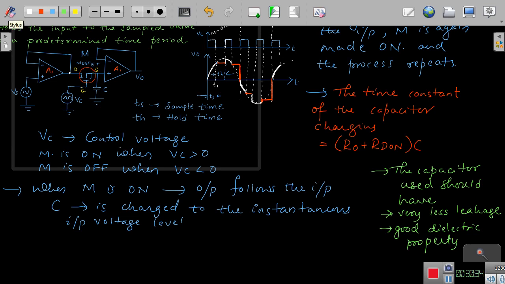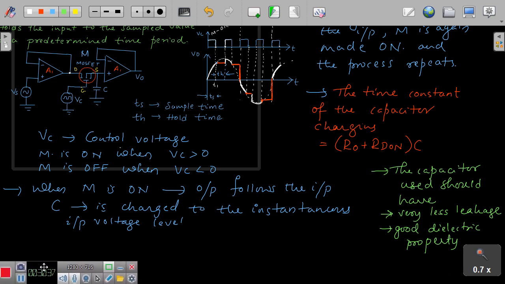So the capacitors used should have very less leakage, and should also have very good dielectric property, right? And of course whatever the A1 and A2 we are having here, so this should be A2, okay? Whatever the two operational amplifiers we are having, they should have very high input impedance and very low output impedance in order to meet this particular requirement.